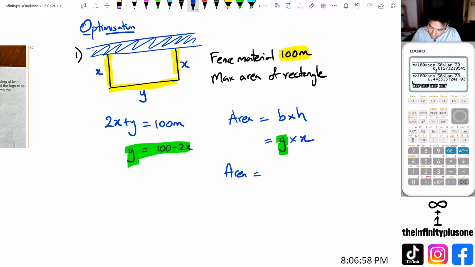So then area equals 100 minus 2x times x. All right, I'm going to pause here for a second, get you guys to expand, and then differentiate, put it equal to 0, and then try and figure it out. I've just got to grab something, I'll be right back.